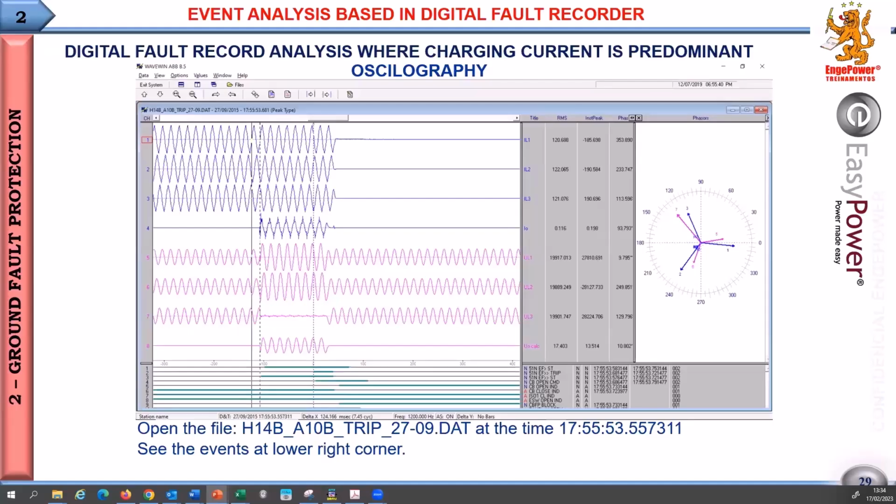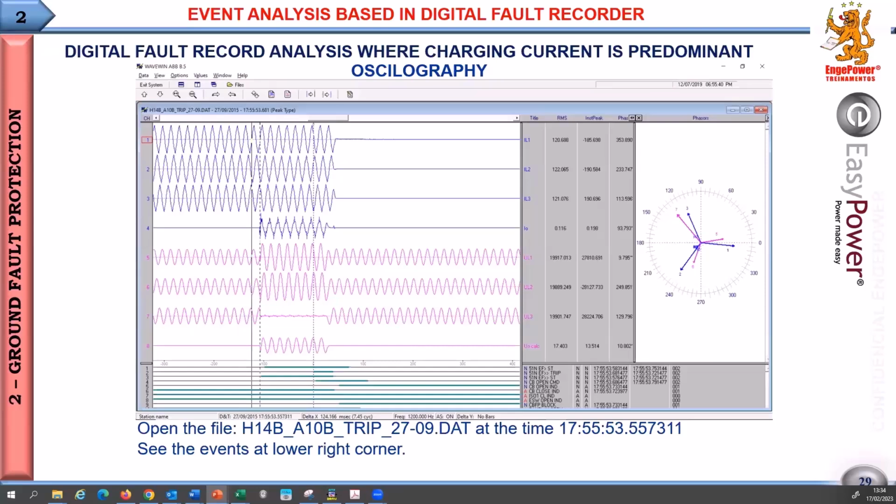And the other 4 lines are for the voltage, VA, VB, and VC, and 0 sequence voltage. Since the cursor is before the fault, the voltages are the single line to ground voltage. Okay, the 0 sequence current is near 0. And also the 0 sequence voltage is very, very low. Okay?